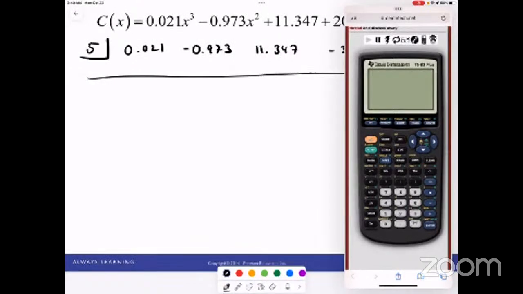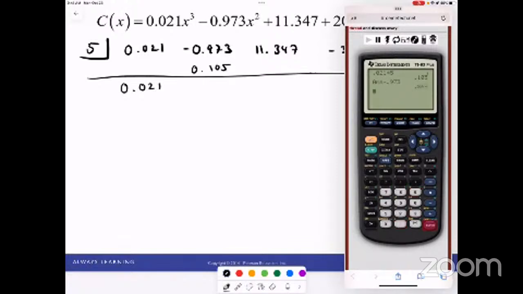So we're gonna say actually the 0.021 just comes down. On the diagonal, we multiply, so 0.021 times 5. Okay. 0.105. And then we're going to say minus 0.973.